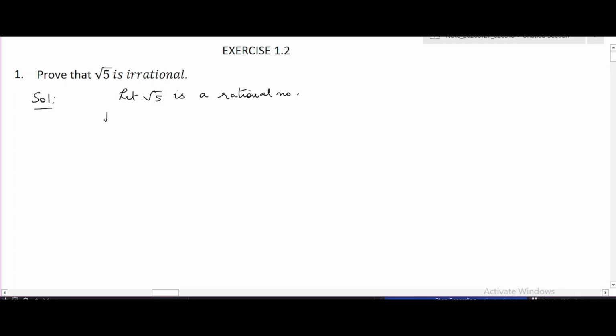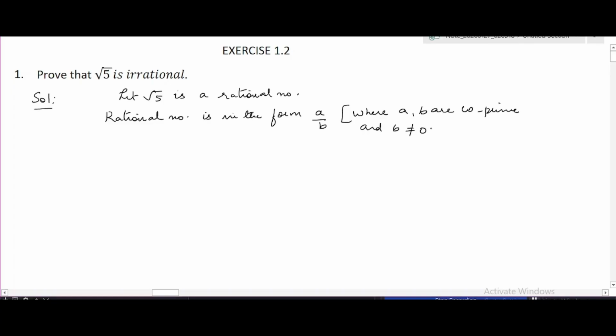Now a rational number, I told you in the concept, is in the form a by b, where a, b are co-prime and b not equal to 0.